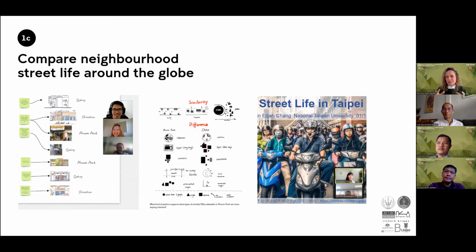So we framed this as looking from the outside in. We've never tried this comparative exercise in the course, so it was our first year of doing this and doing it online. And I guess we saw this as a chance for students just to dip their toes into really diverse but also similar expressions of community-driven urbanism around the world.